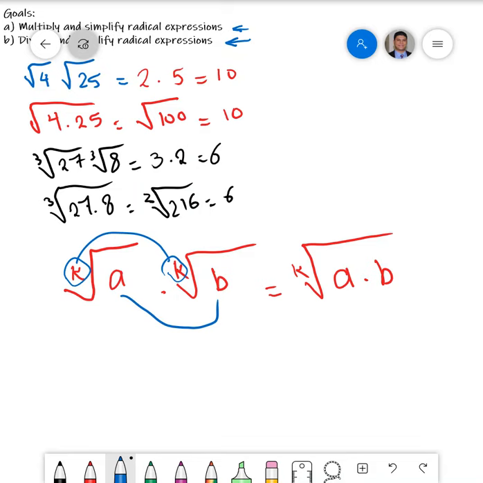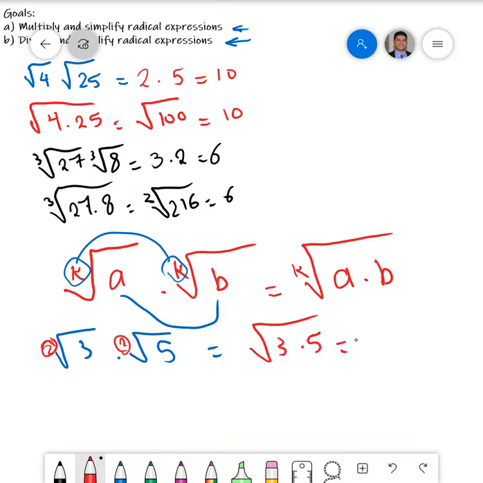So for example, radical 3 times radical 5. Here the index is 2 and the index here is 2, so same index, so we can keep the root and multiply only radicals. So 3 times 5, it will be square root of 15.